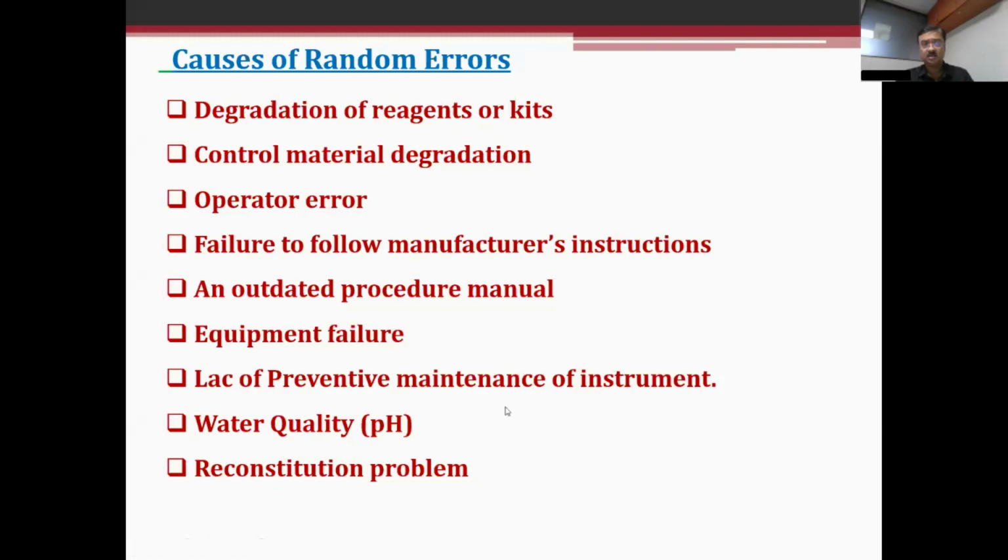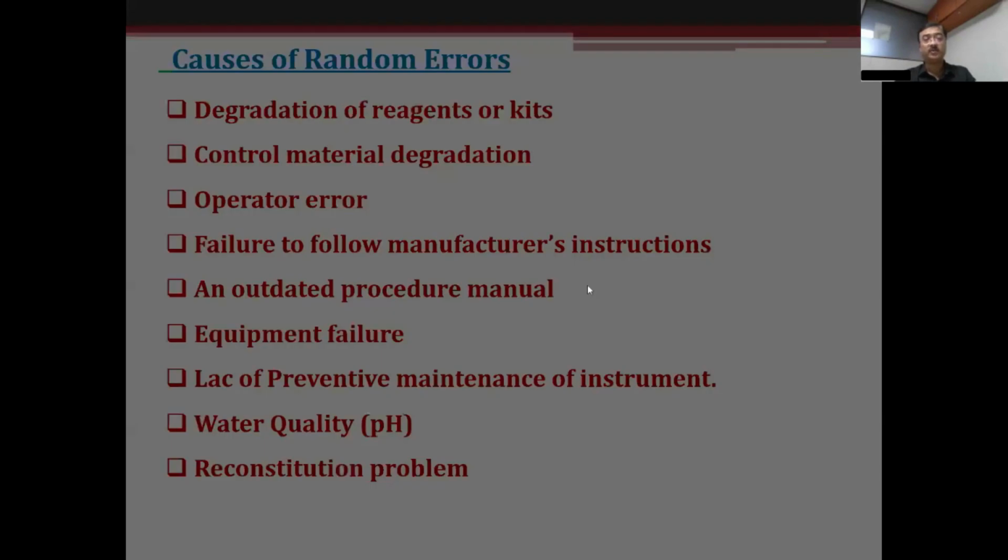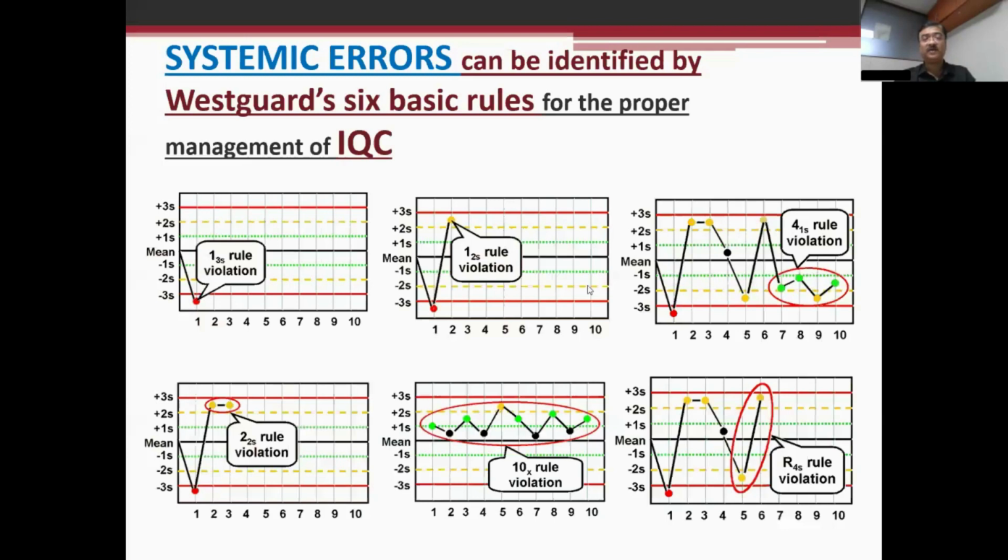So this is called a systemic error, when an error keeps on happening and continues unless you change the system. Now these are the Westgard rules that you know, for how to identify and what to rule out systemic errors.